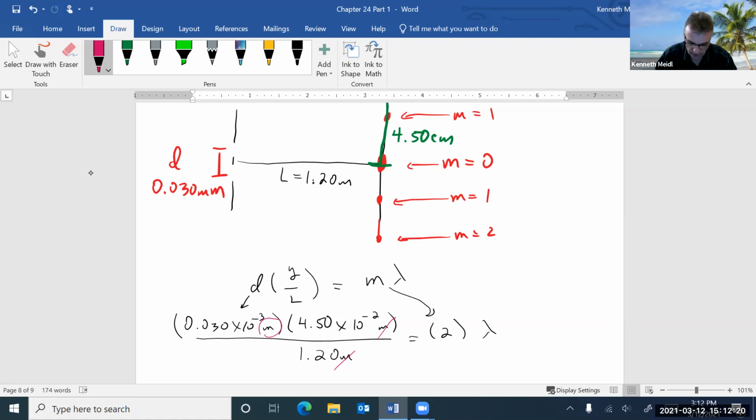And so let me try that again here, just to make sure that I get the same thing twice. That times that equals that, divided by 1.2. And then divide both sides by 2.